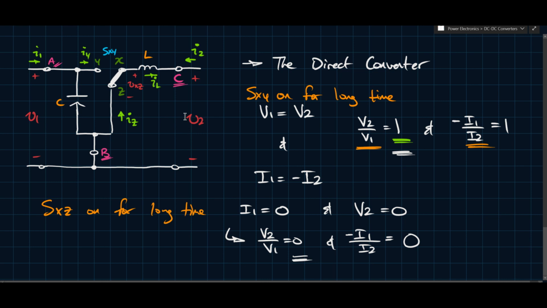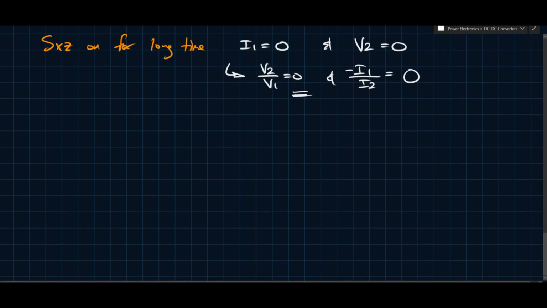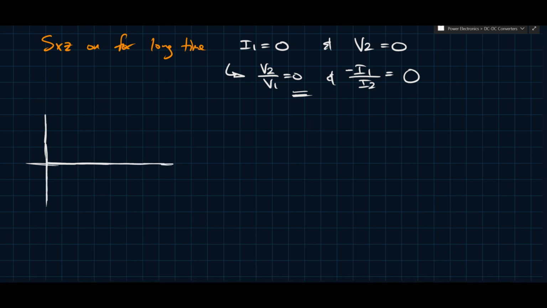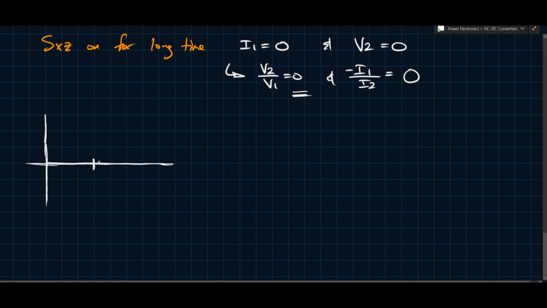So in order to develop this in a closed form expression, because here we've just looked at two specific cases, let's look at the voltage across the inductor. I'm going to draw some waveforms here, and really all I'm going to draw is the waveform for the inductor current, something like this.